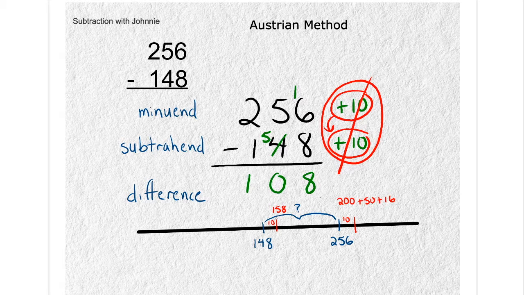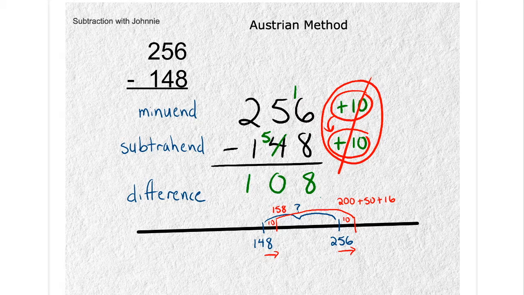Now if we look at the difference between these, the 158 and the 200 plus 50 plus 16, it's the same as the difference between 148 and 256. We shifted this over by 10, we shifted this over by 10, and the difference between those numbers remains the same.